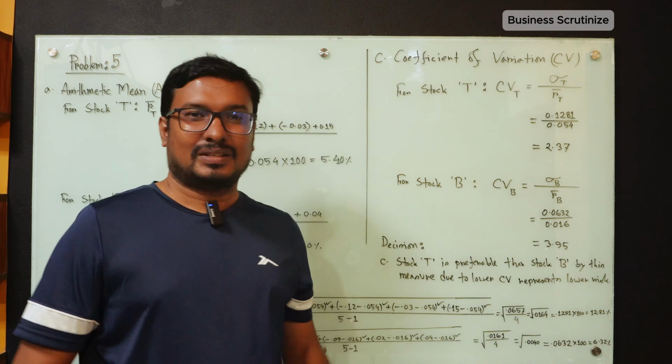Now in requirement C, you can see the coefficient of variation, written shortly as CV.